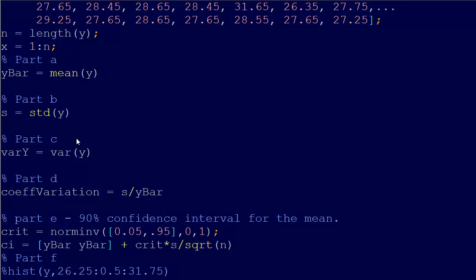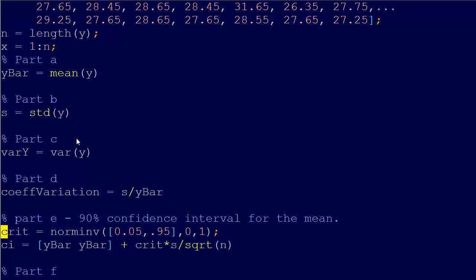And part E. Okay, so this is probably one of the trickiest parts. How you do this is also explained in the prologue part of the chapter, on pages 446 and 447 of the book. It says compute the 90% confidence interval for the mean. The first thing we have to do is realize what a 90% confidence interval means.